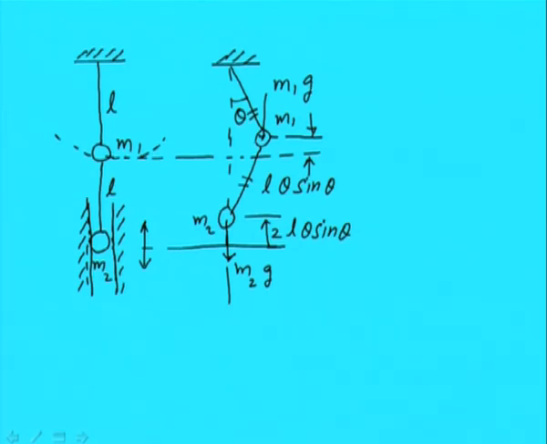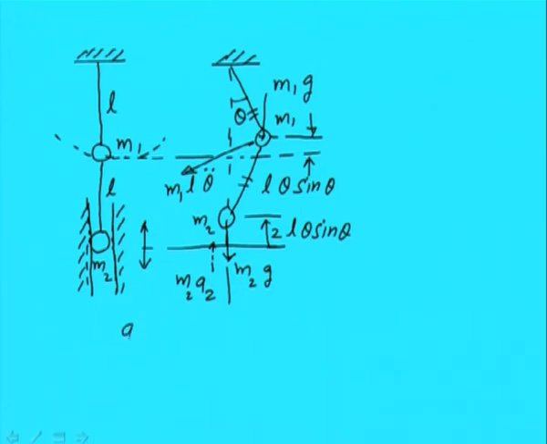Then in the tangential direction along the path of m1, we have m1 L theta double dot, and this particular mass will be having a linear acceleration, let us say m2 a2. a2 is the linear motion acceleration of the mass.